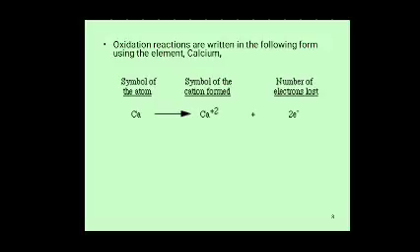So the reaction here is Ca gives Ca plus 2 plus 2 electrons. The symbol of the cation is Ca plus 2, the symbol of the atom is Ca, and the number of electrons lost is 2.